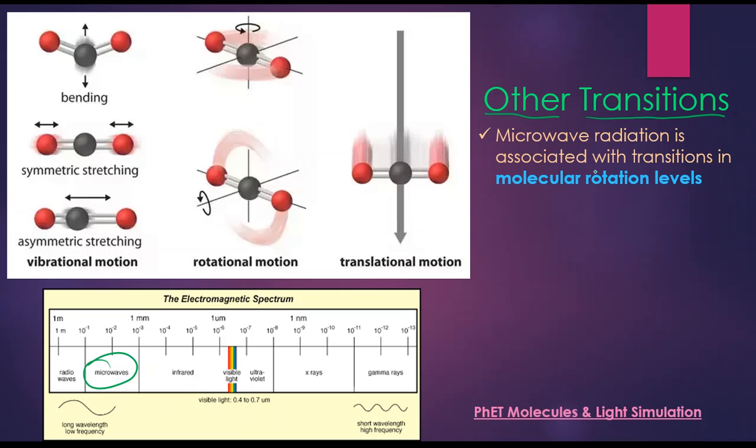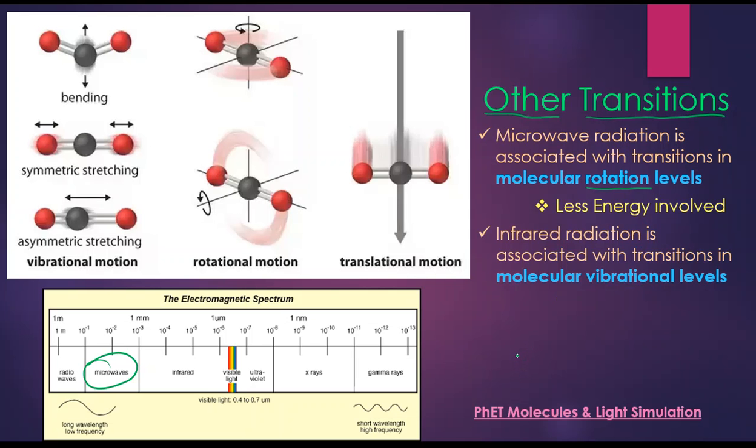But when microwave radiation hits certain molecules, it ends up causing them to rotate. So if certain molecules absorb microwave radiation, they're going to spin, basically. I'm going to show you an example using the PhET simulation of what that looks like. This is less energy involved with microwave radiation.